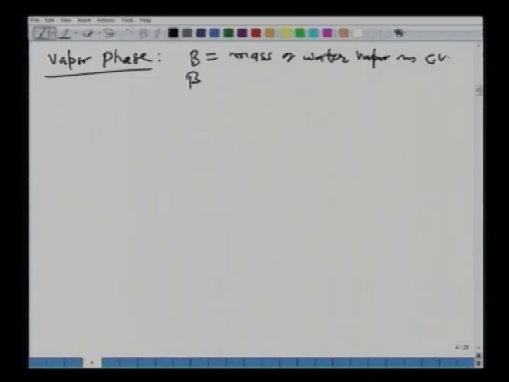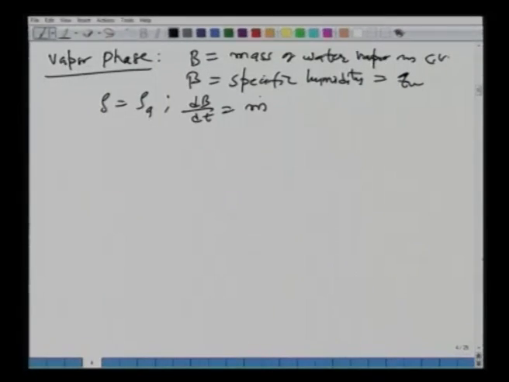What is beta? For the mass of the water vapor in the air, we have seen that already, it is nothing but the specific humidity, which we denote as qv. And then rho is equal to what? It is the moist air, density of the air, and dB over dt is your mv dot, which is positive for the vapor, we have said already.